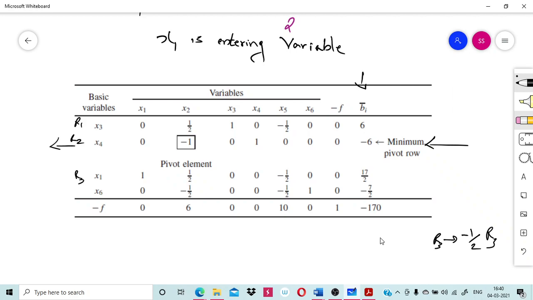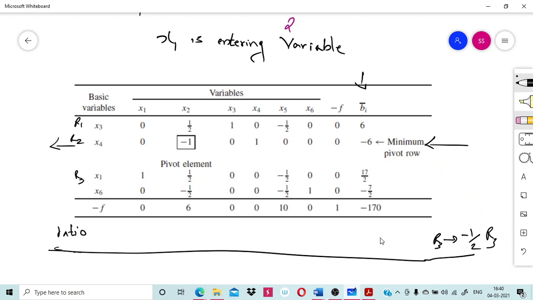And you have to find out the entering variable. In order to find that, you have to fill the ratio row. This is the same as before. You consider this minimum pivot row, and you have ci divided by minus ai.